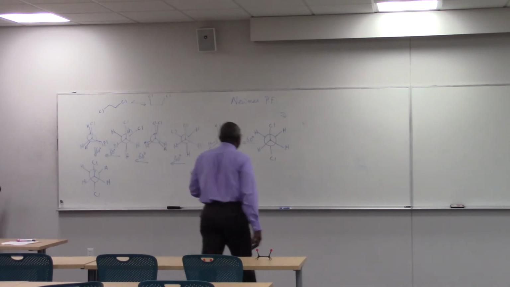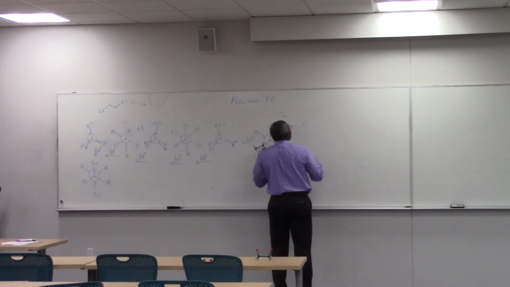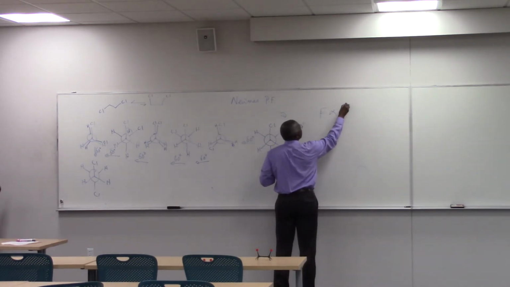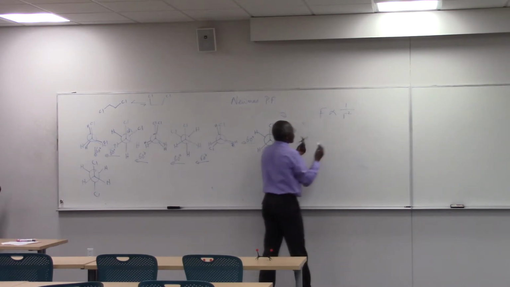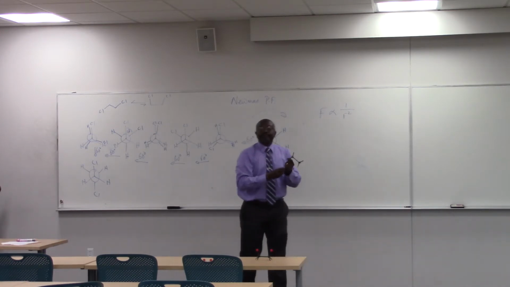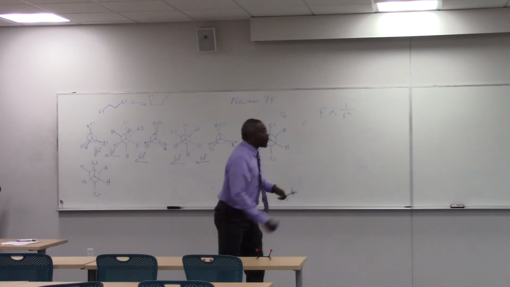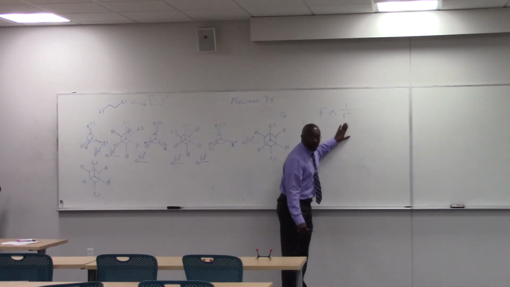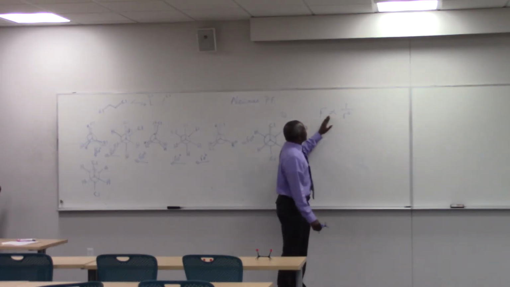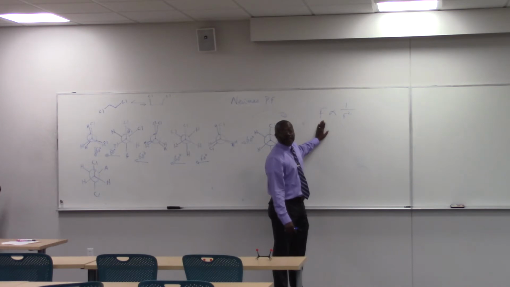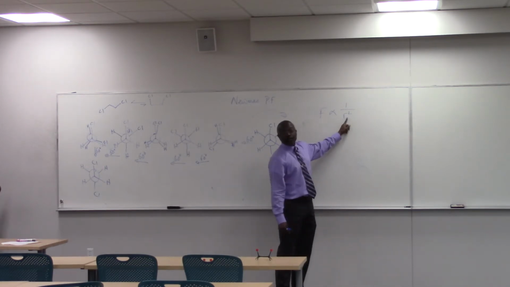And we talked about this at the very beginning. The force of interaction depends inversely on the square of the distance apart. The further apart we are, the larger the value of R, the smaller is the value of F, and rapidly so, because R is squared.